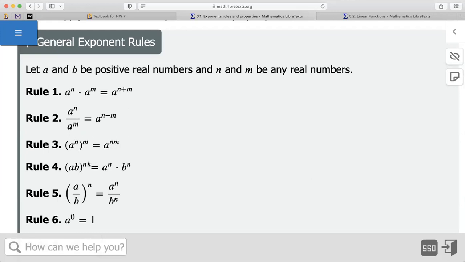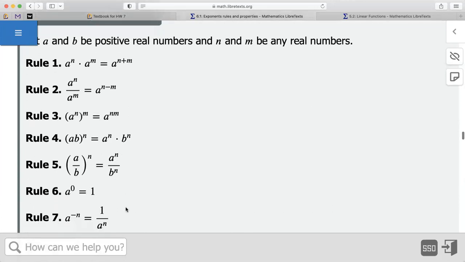If I have a product and take the power, I can distribute the power to each factor. So the product of a times b raised to the power n is a to the n times b to the n. Same thing with the quotient rule: a divided by b raised to the power n is a to the n over b to the n.